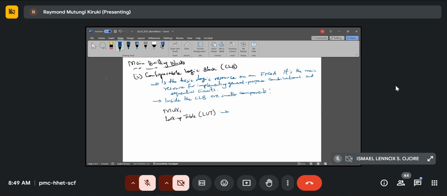A lookup table is a collection of gates hardwired on the FPGA, and it stores a predefined list of outputs for every combination of the inputs.